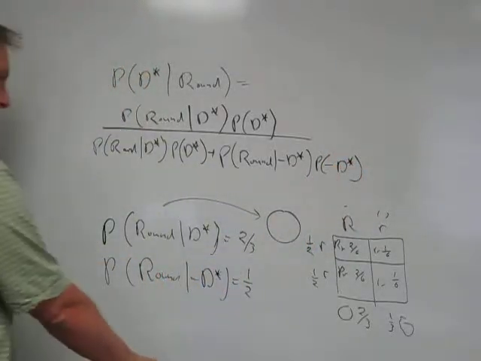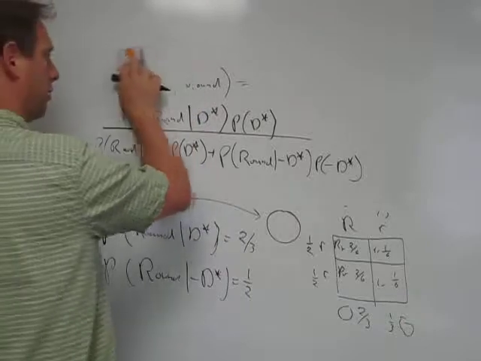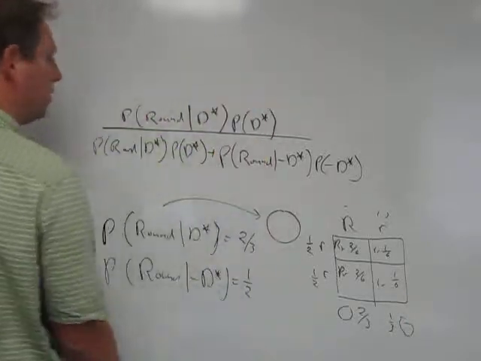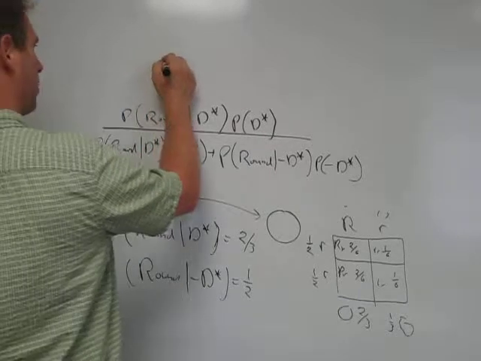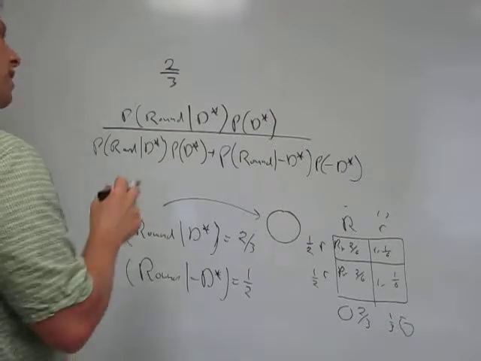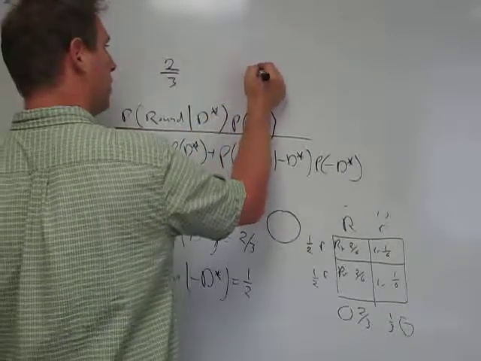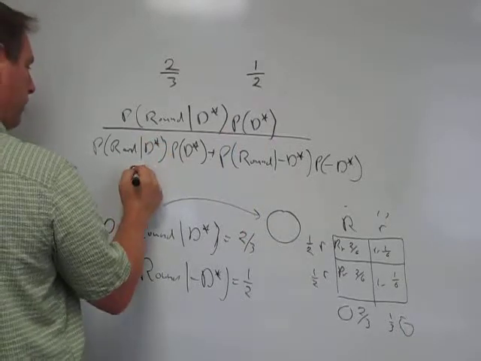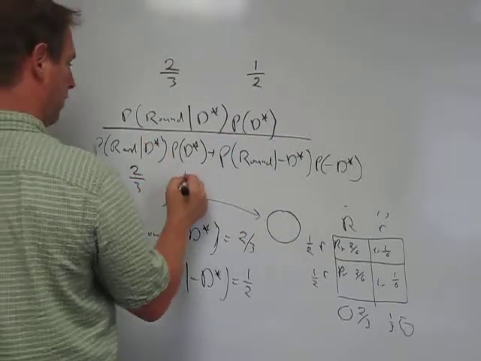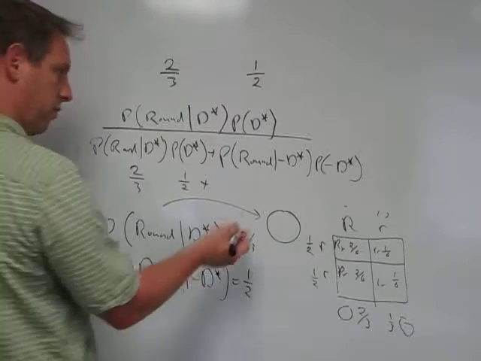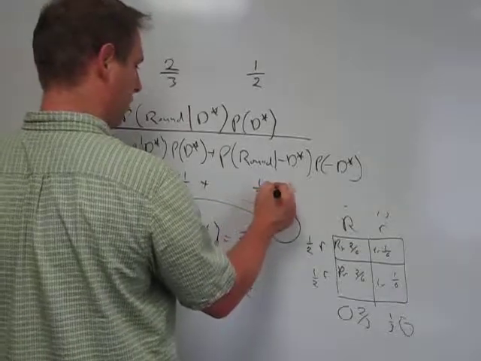So let's fill some of these numbers in, which you've already done the legwork for. The probability that an individual is round given D star we already said is 2/3, the probability that the individual is D star is 1/2. Then the same thing goes down here, 2/3 and 1/2. Plus, now the probability of round given not D star we already said is equal to 1/2, and the probability not D star, of course, is equal to 1/2.